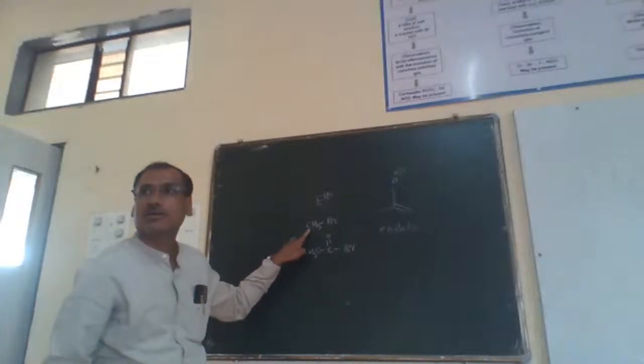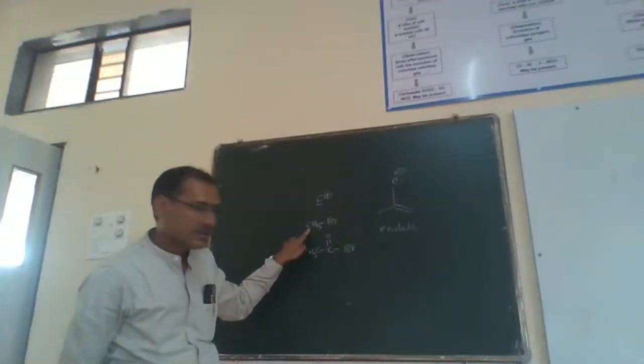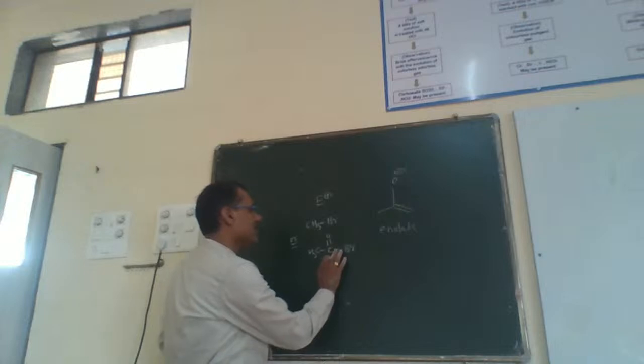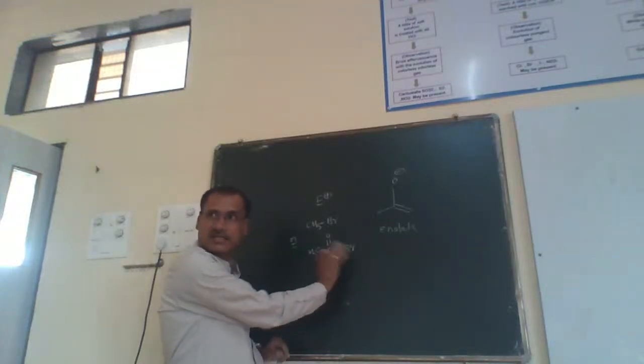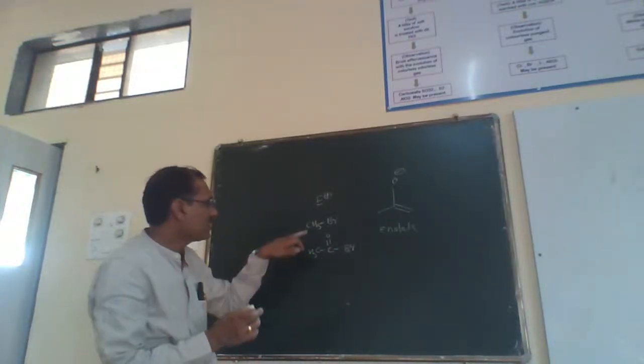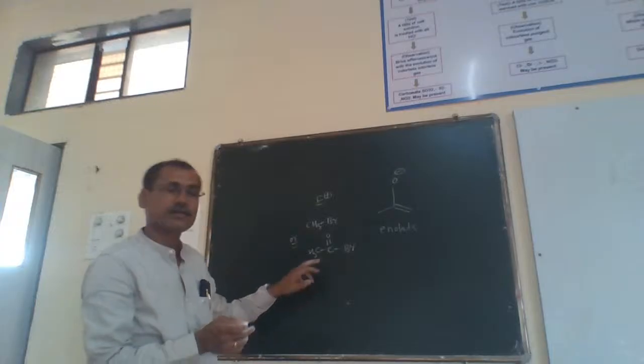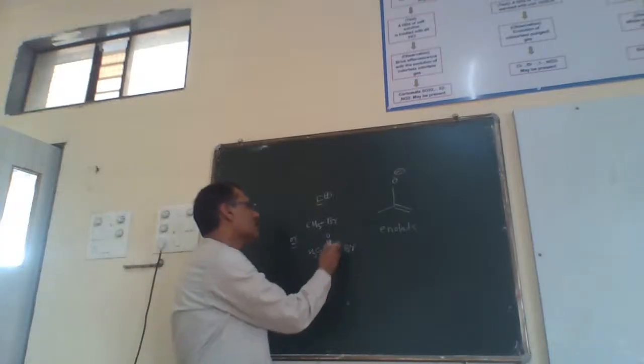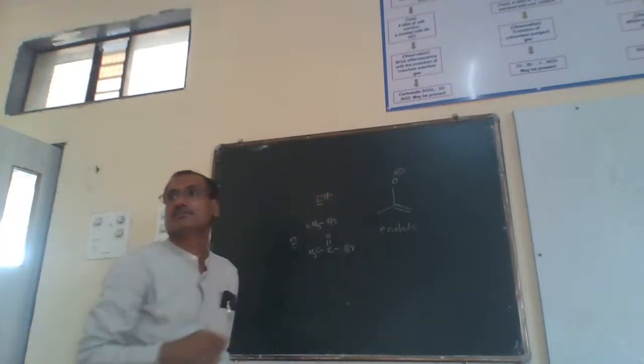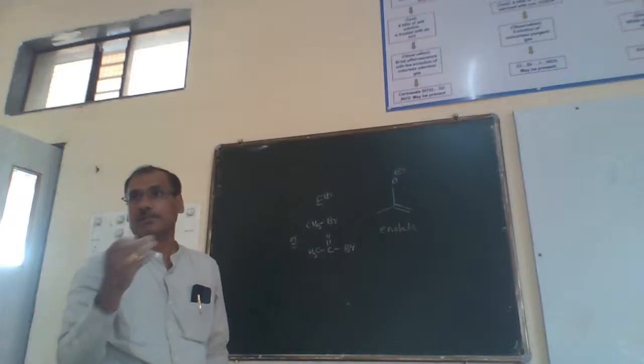The electrophile coming out of it will be CH3 positive. The electrophile coming out of the other will be the acyl cation. Here alkyl cation, here acyl cation. When you allow this electrophile to react with the enolate, what happens?